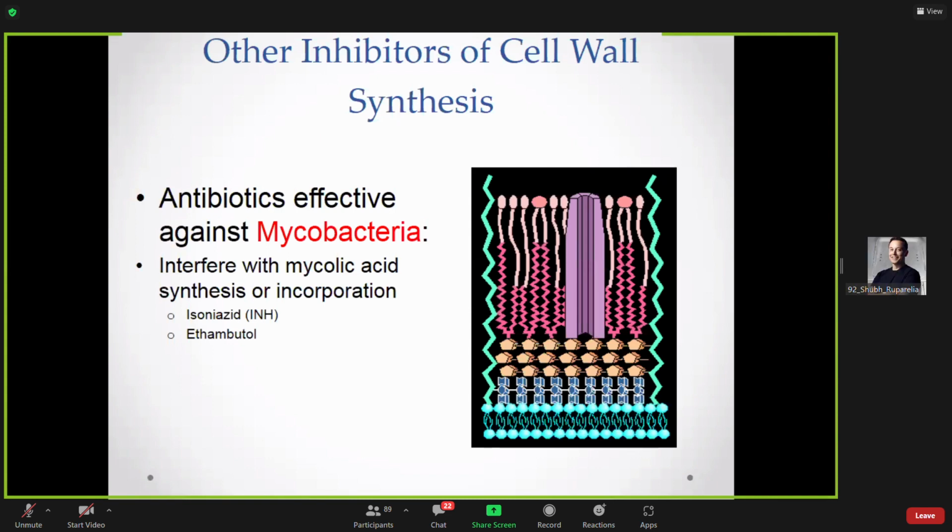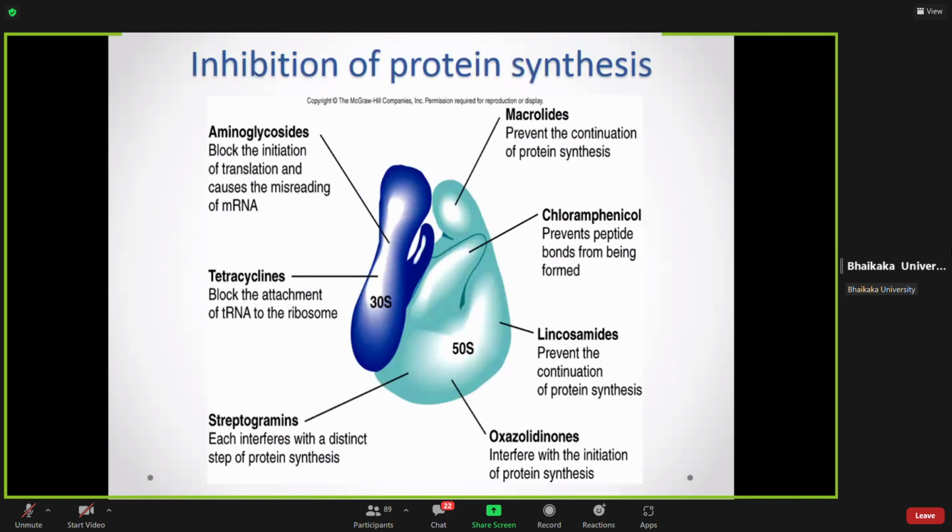Okay, so that is one. Inhibitors of protein synthesis are aminoglycosides, macrolides, chloramphenicol, lincosamides, oxazolidinediones, streptogramins, and tetracyclines.